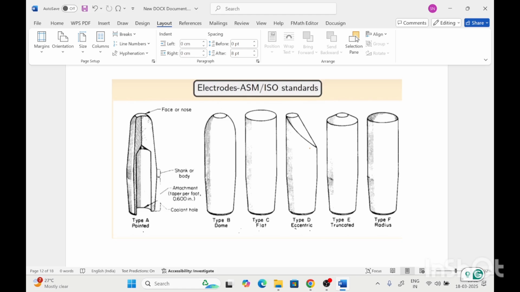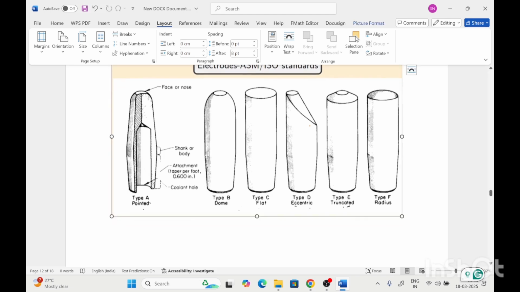Generally the type E truncated and type A pointed electrodes are preferred, because with the welding process, with time, there is some resistance at the electrode and workpiece.